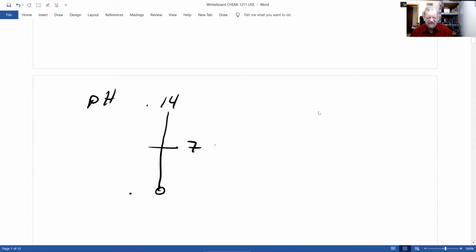At 7, we have a neutral pH, or I should say neutral solution. Below 7, you have an acidic solution. And above 7, you have a basic solution. The lower the number below 7, the more acidic the solution is. The higher the number above 7, the more basic the solution is. And you should know this.